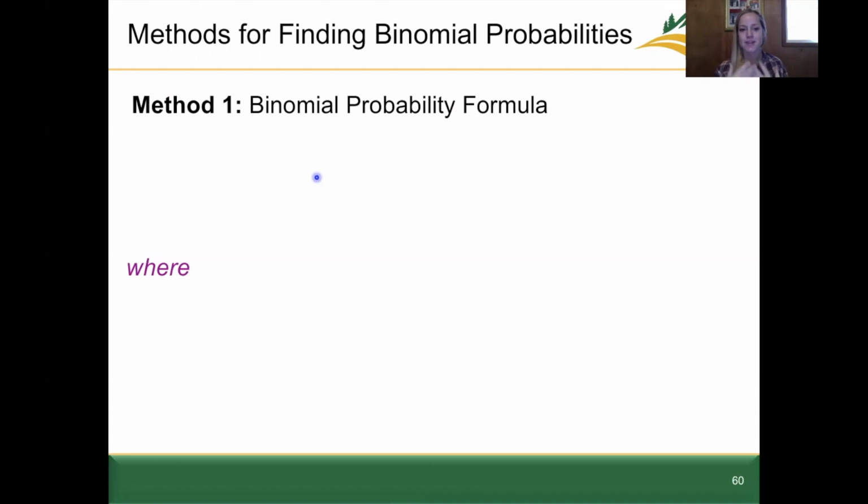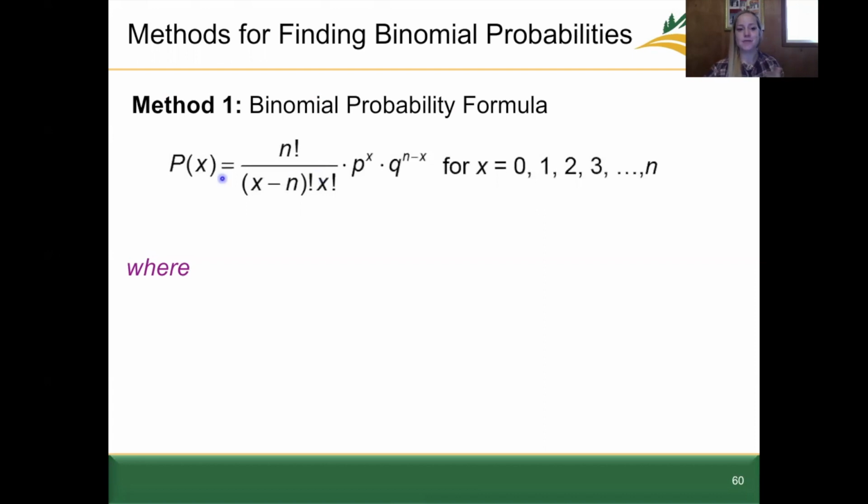Okay, now to actually solve for the probabilities when we have a binomial distribution, we're going to use one of 3 different ways. The first is we're going to use a formula. Here's our formula. P of x is equal to n factorial over (n minus x) factorial, in parentheses, multiplied by x factorial.